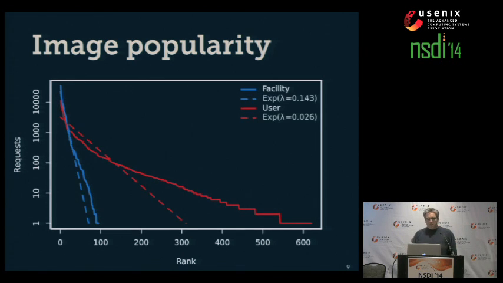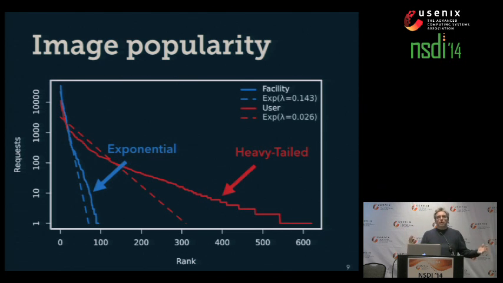And if you compare this to the exponential distribution, which is the dotted line that I just added, which in log scale looks straight, what you can see is that the facility images follow an exponential curve pretty closely. And what this means is that there are a relatively small number of extremely popular images, and the popularity falls off quickly. If we look at the user images, they have a much more heavy-tailed distribution.